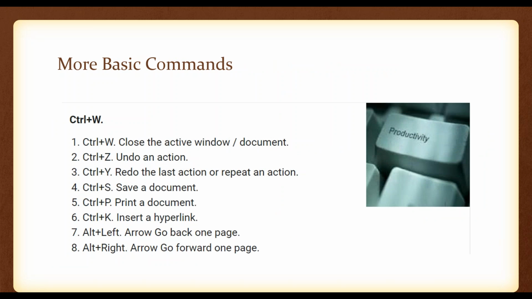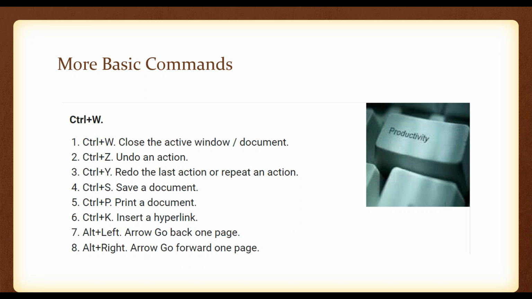Here's some more basic ones. Control W, close the active window or the document. As we mentioned, Control Z, undo. Control Y, redo, repeat. Control S, really a good one, save the document. Control P, print your document. Control K, insert a hyperlink.